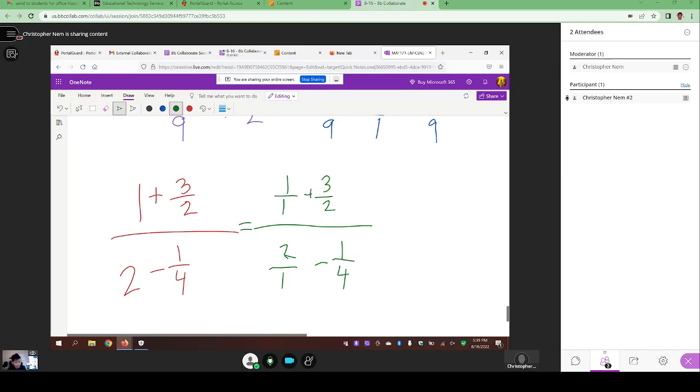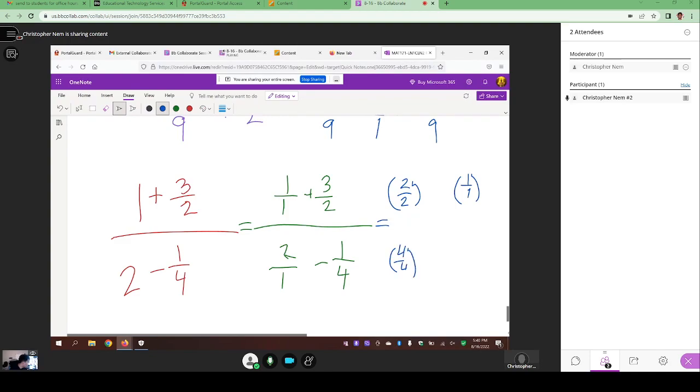Now, they have different denominators. So we've got to find the least common denominator. Well, using our rule earlier, we can just multiply this guy by 2 over 2. Multiply this guy by 1 over 1. Multiply this guy by 4 over 4.